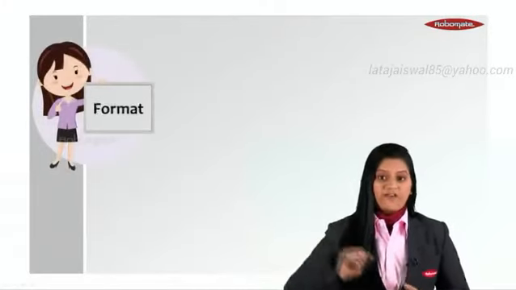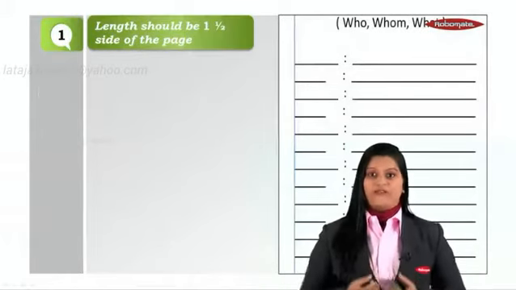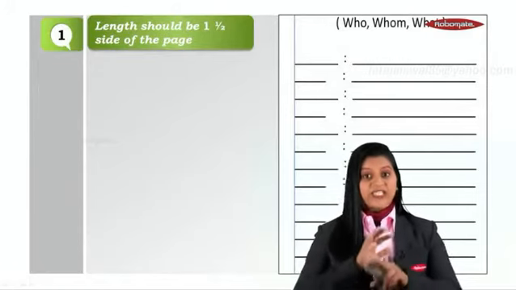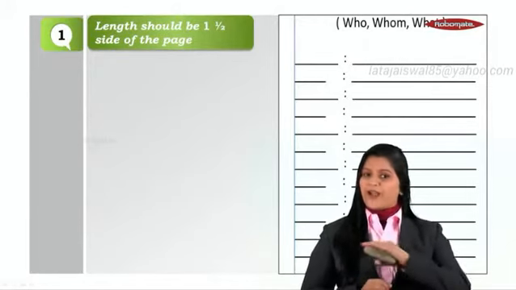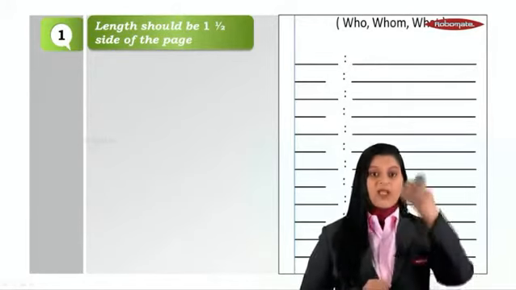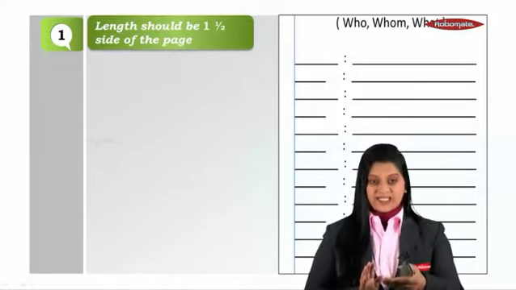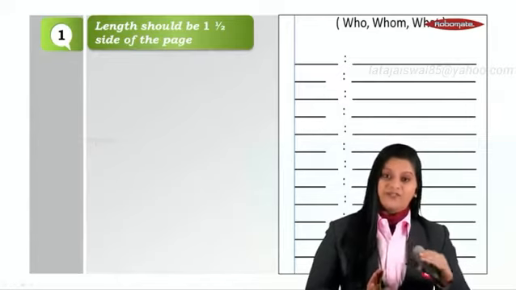Let's first deal with the format. The first thing in format that we should always remember is the length of our writing skill. The length of a dialogue should be 1.5 pages. That means one side of the page completely full, and then on the next side you're going to write half the page.